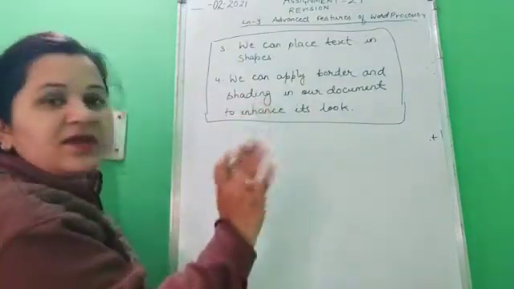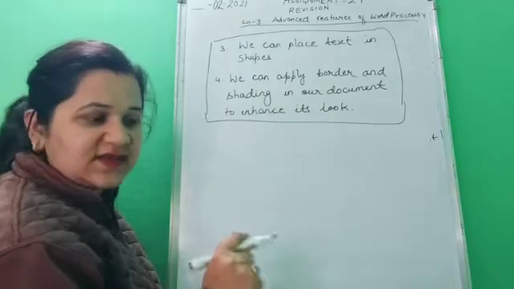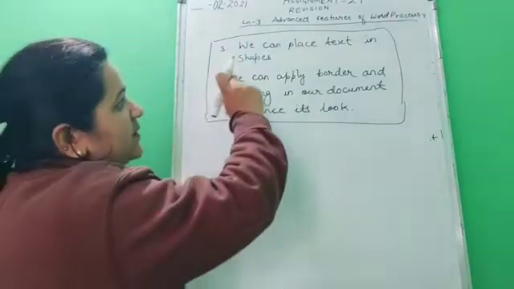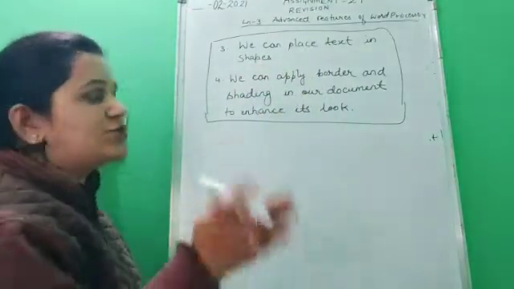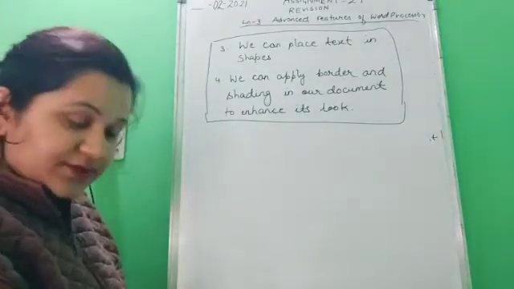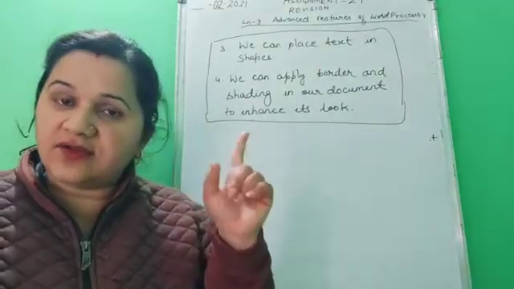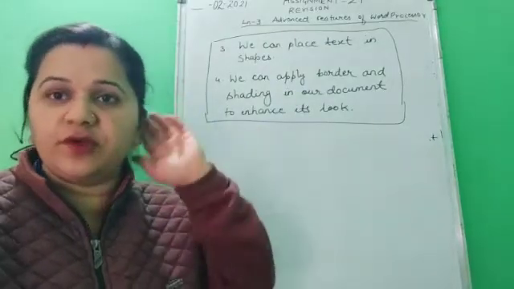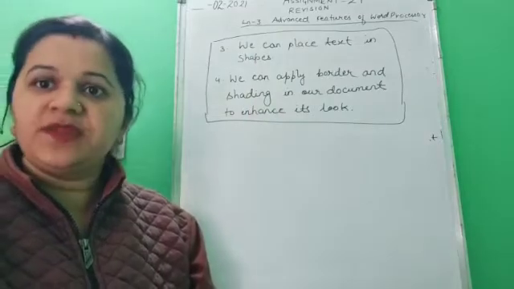Shading means to highlight the background of any text. Suppose there is some important line, so you highlight it with a highlighter. You can use the shading tool also to highlight the text. So all these things come under the drawing tools, and with their help we can do all these things in our document.